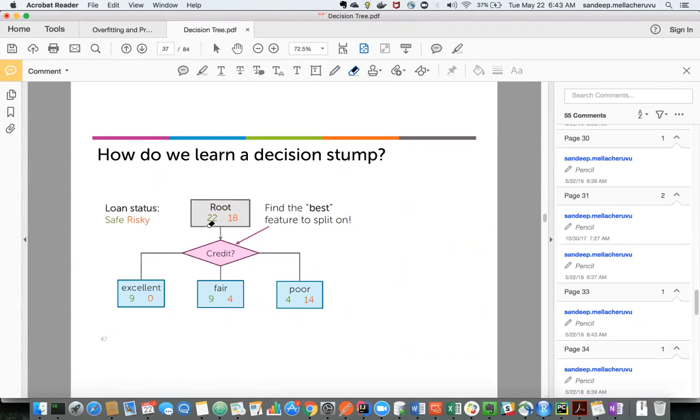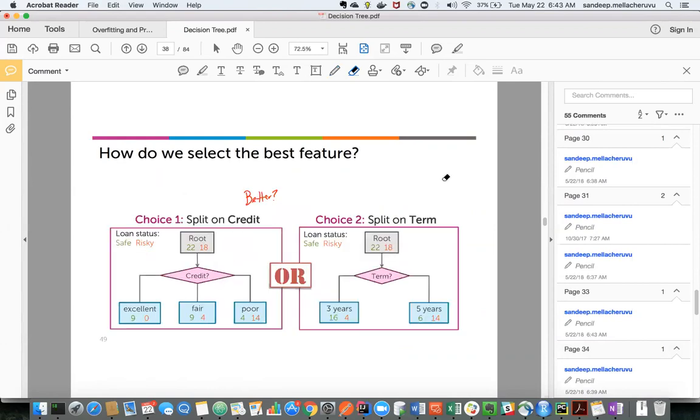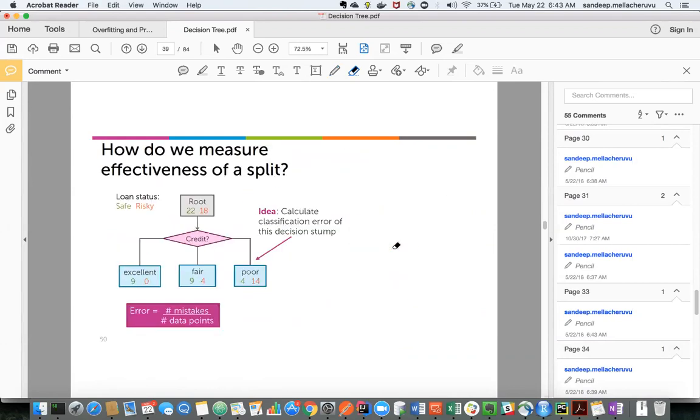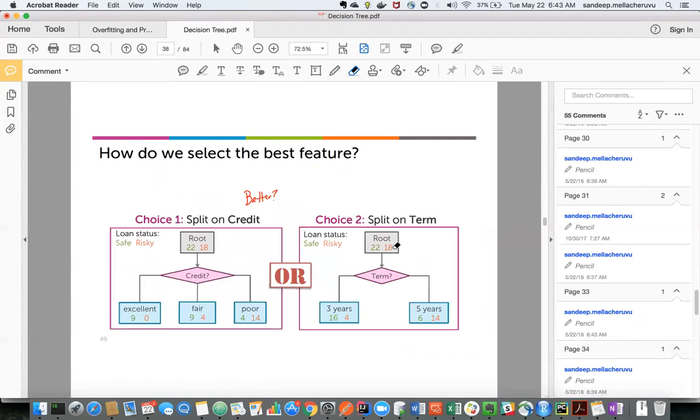So first, what we can do is we can start splitting on the credit, but you can also split on term or income. So what you can do is you can try to split on all of them. Try to do it on credit, try to do it on term, or probably on income as well.